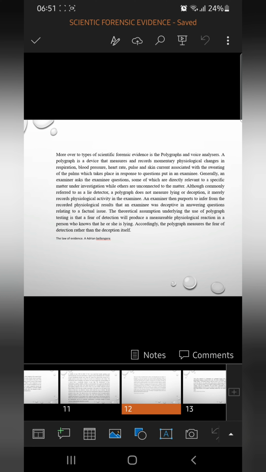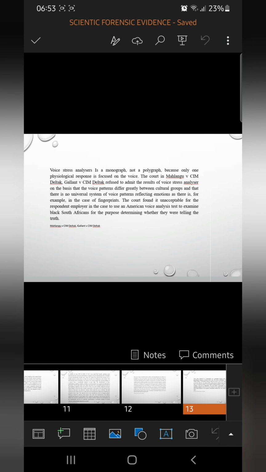The theoretical assumption underlying the use of polygraph testing is that a fear of detection will produce a measurable physiological reaction in a person who knows that he or she is lying. According to this, the polygraph measures the fear of detection rather than deception itself.